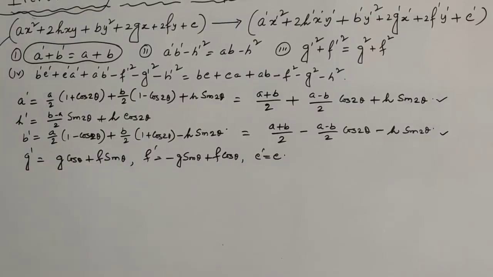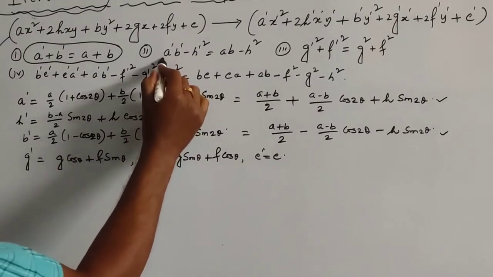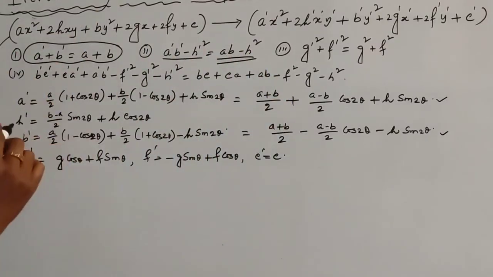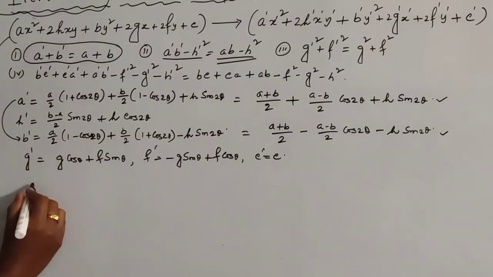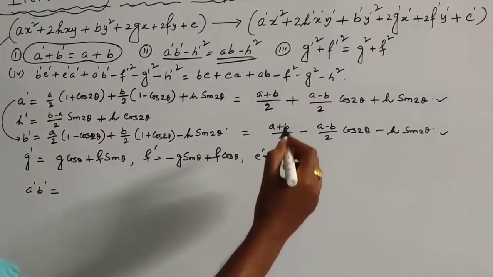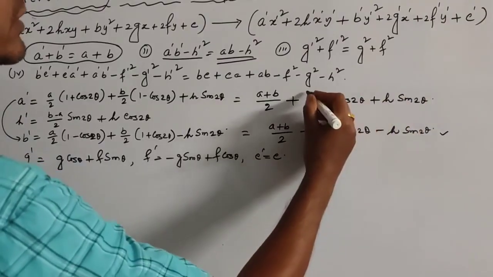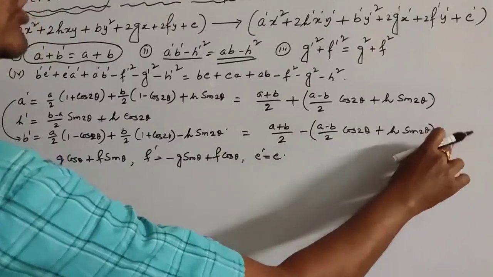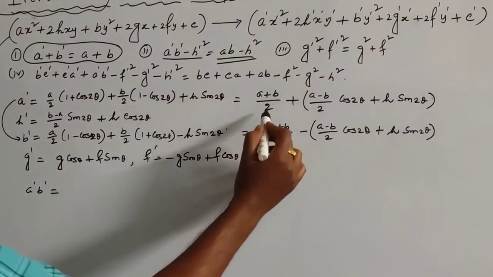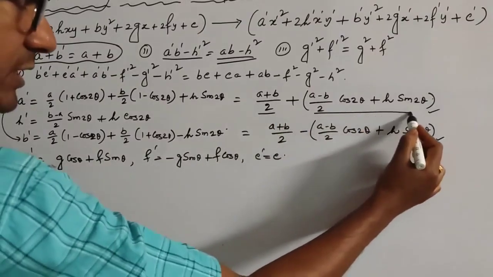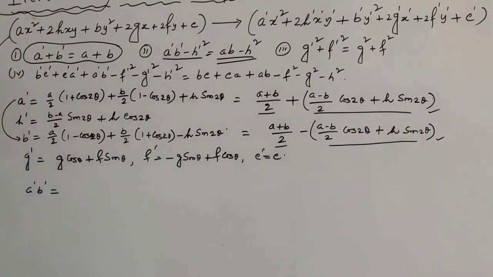To prove the second result, a dash b dash minus h dash square is equal to ab minus h square. We first multiply a dash into b dash. Here we put a bracket and this bracket like this, so these two terms, this is a dash and this is b dash, so this is a plus b and this is a minus b, right?